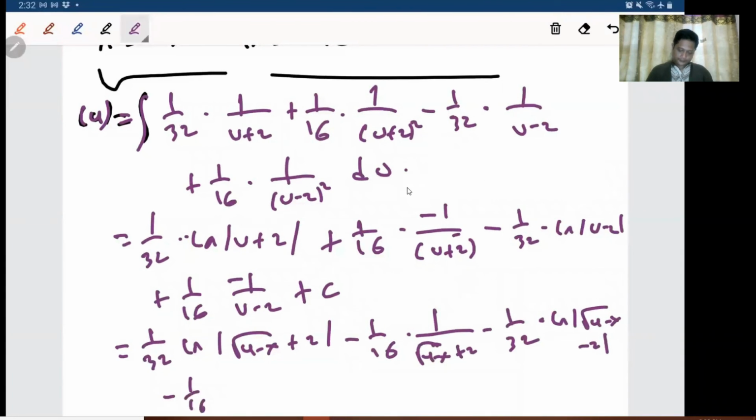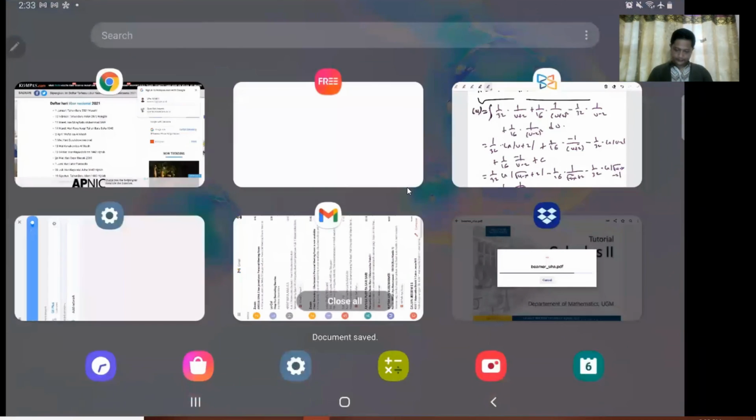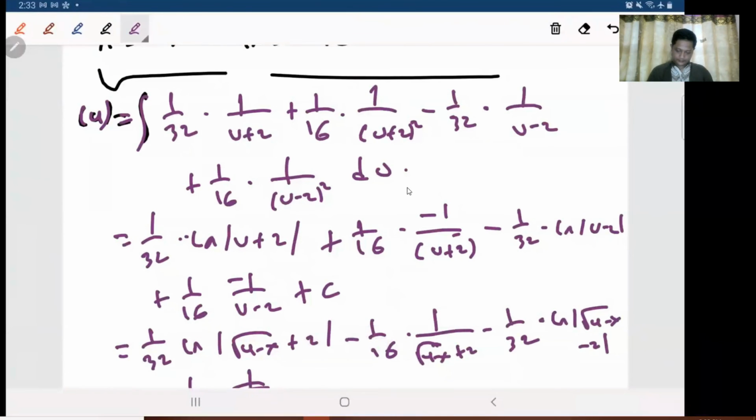Minus 1 over 16 times 1 over the square root of 4 minus x minus 2, plus C. Please tell me if I'm doing a wrong calculation.